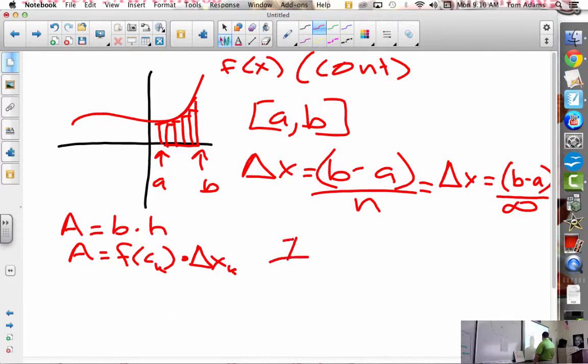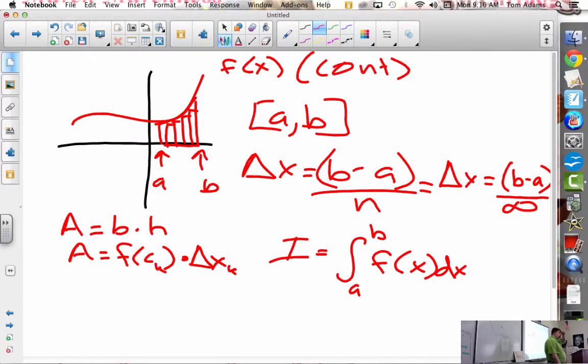To find the definite integral I, we would integrate. So the squiggly line is the integration symbol, okay?